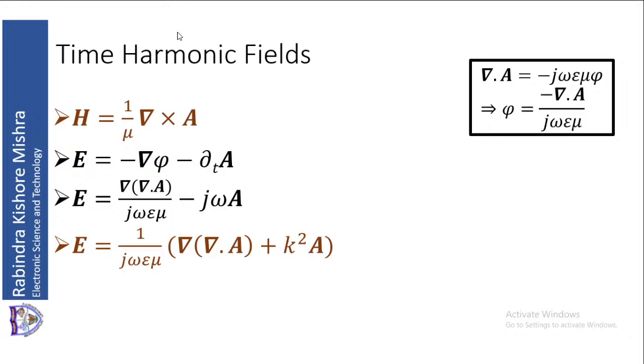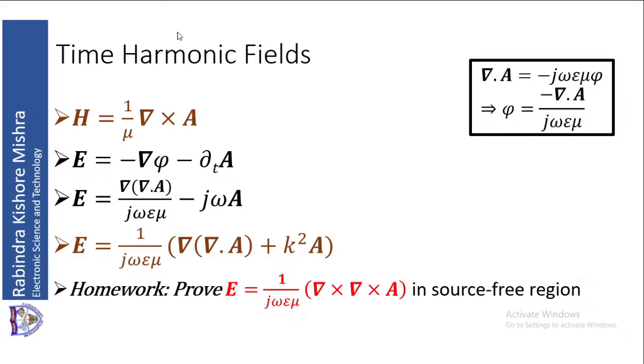Because of the time harmonic nature, dou by dou t is equal to j omega. So we get E is equal to 1 by j omega epsilon mu into gradient of divergence of A plus k square A.